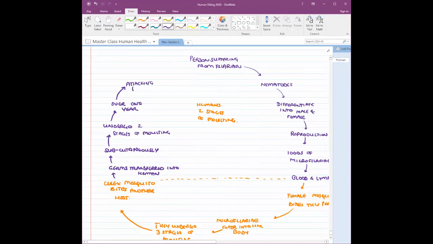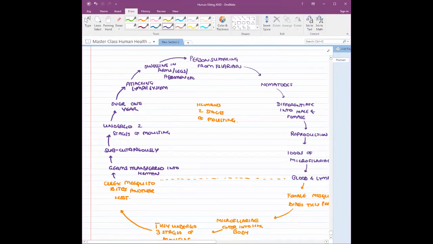The moment the lymph system is attacked, the entire lymph system becomes blocked, and this results in swelling. You will see swelling of the arms, legs, groin, abdomen, etc. And now, once again, the person is said to be suffering from filariasis.